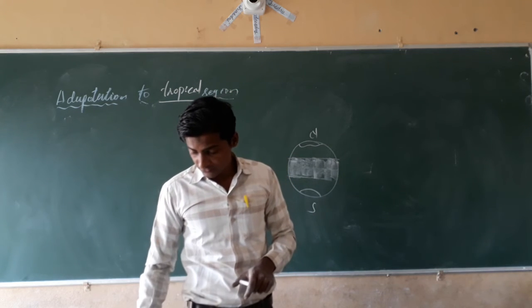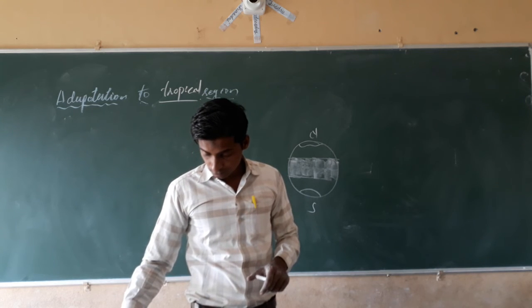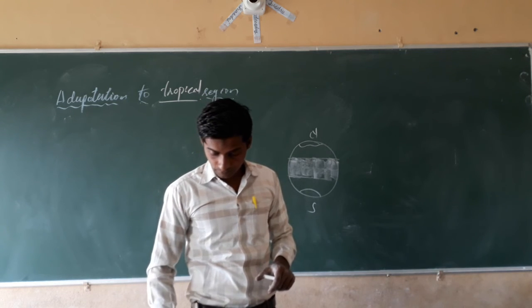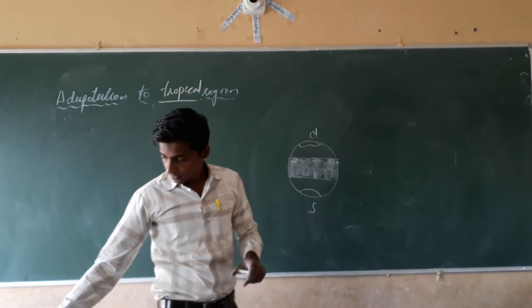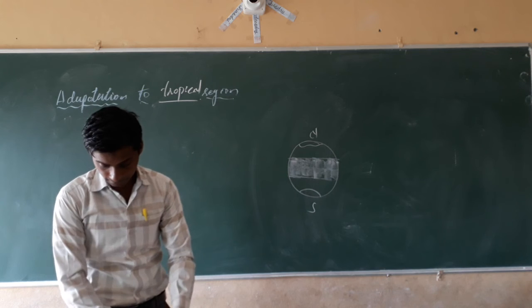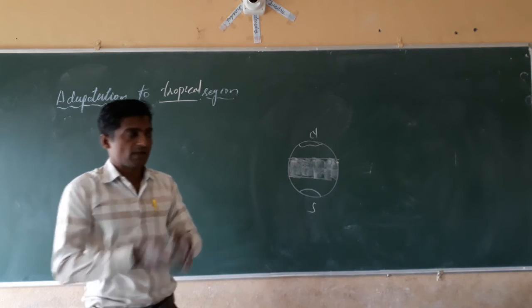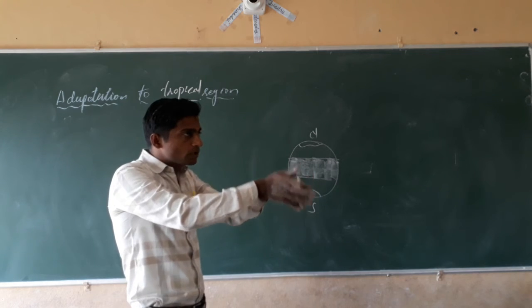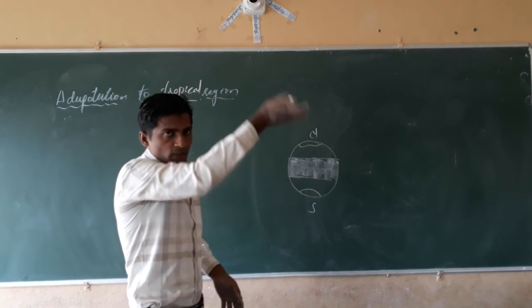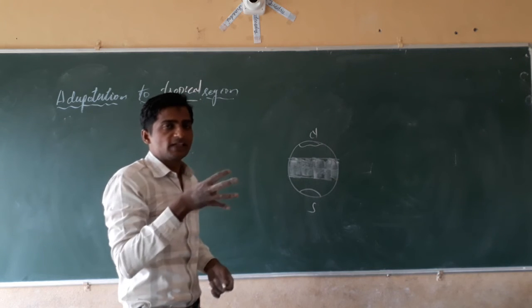Yes. The next, after this one, the birds like the toucan. It has a long beak to snatch the fruits from the branched trees.